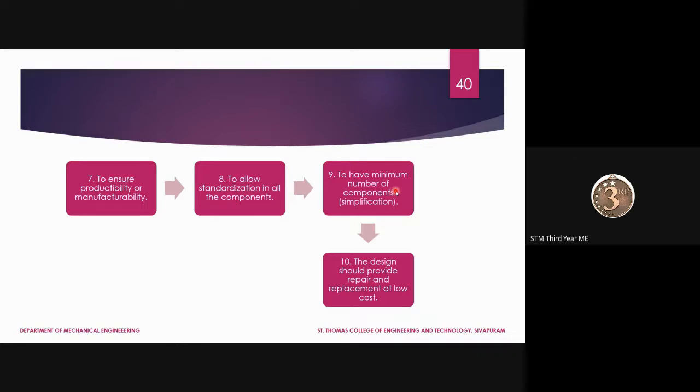So if you want to service such a product, or do some maintenance work on it, it must have a simplified design or a simplified number of components so that you can easily maintain, service, or replace it. Okay. For that purpose, it must have minimum number of components.